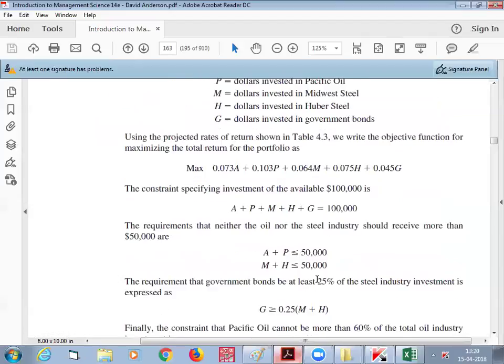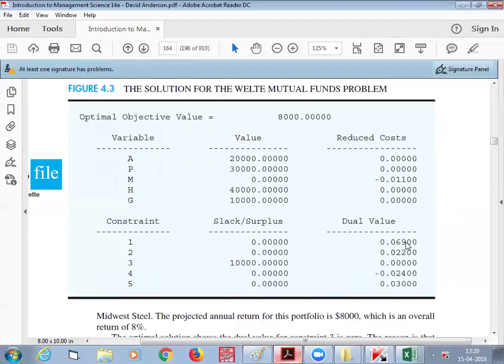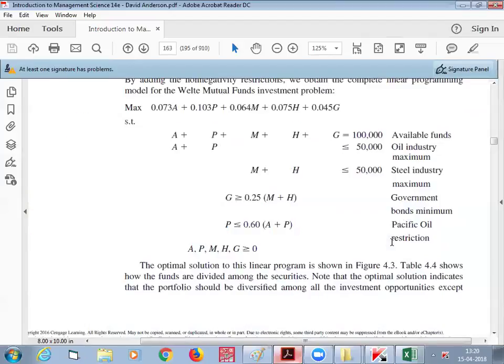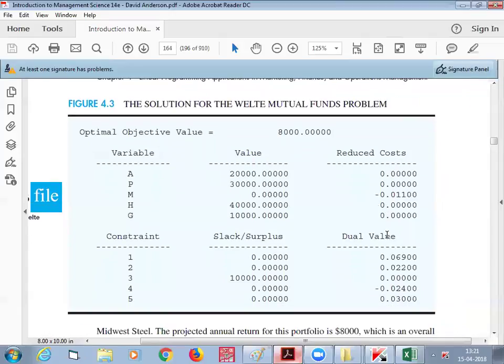And that's why the marginal rate of return that we're getting is 6.9%, not 8%. If we could increase the investment in oil, then we could get 8% marginal rate of return. So if we increase this by 1 and this by 1, then we'll get rate of return of 8%. Okay? So that's where that comes from.